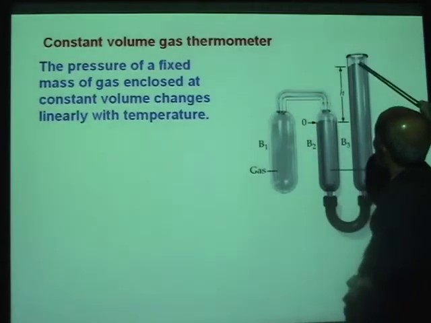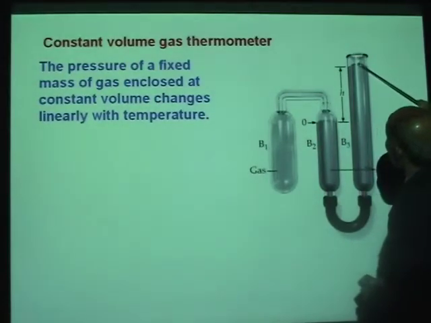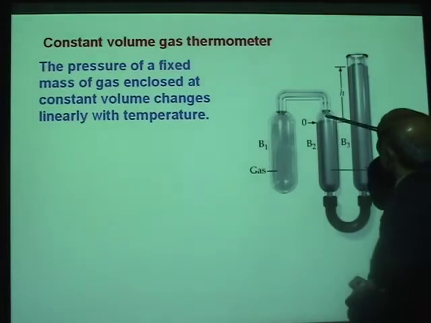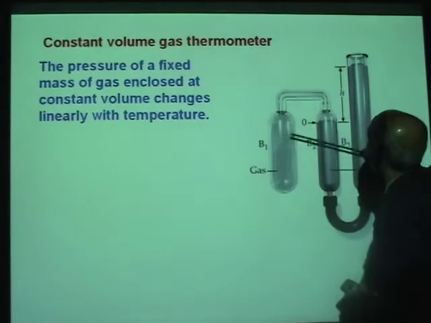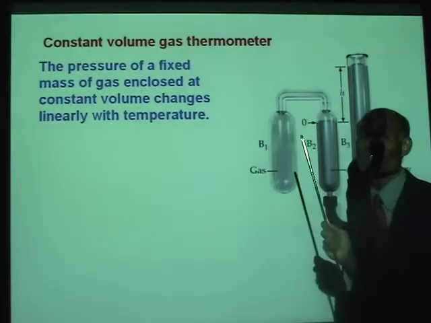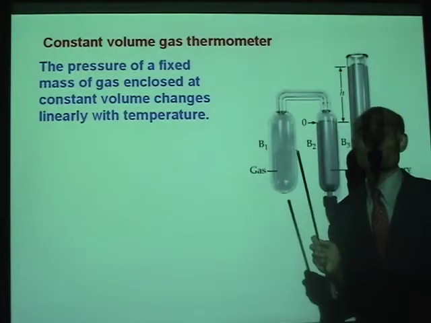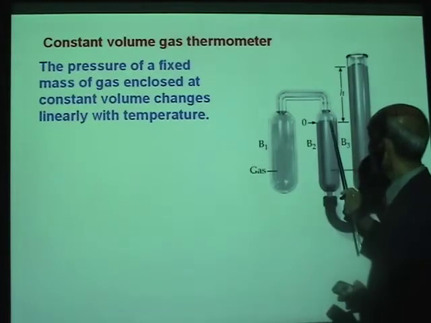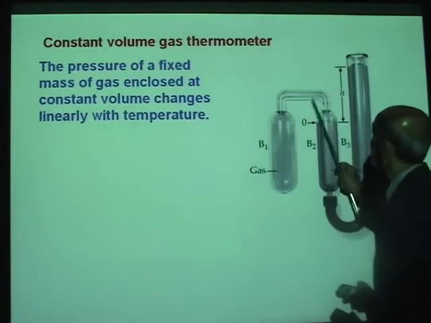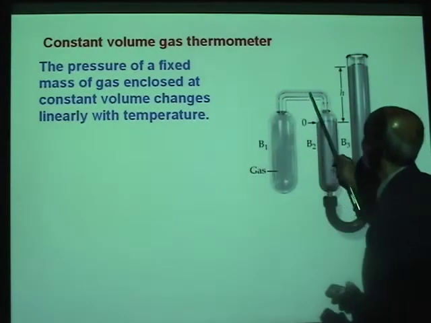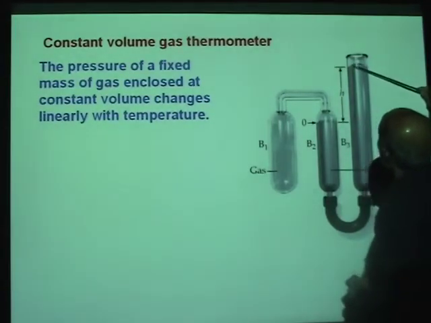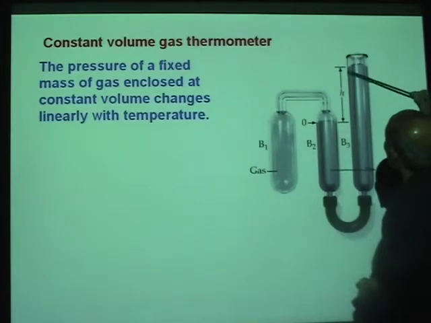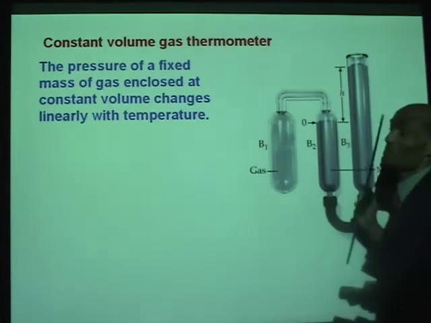Tell me, the level in the open tube is here, the level in the closed tube is here, therefore is the pressure of gas inside, is it greater or less than the atmospheric pressure? It is much greater, because this pressure due to this gas has pushed down the mercury column much lower than it is that is open to the atmosphere.